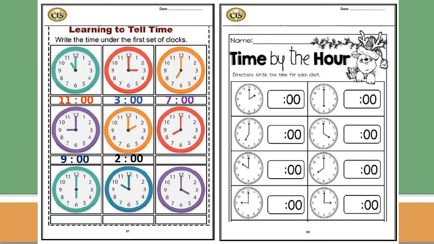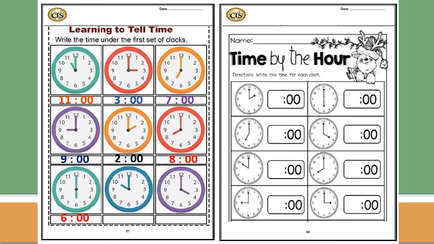Here, the short hand points to 8 and the long hand points to 12. It means 8:00. Here, the short hand points to 6 and the long hand points to 12. It means 6:00.